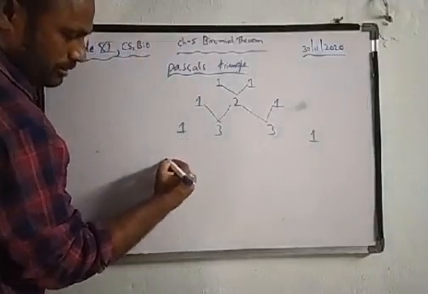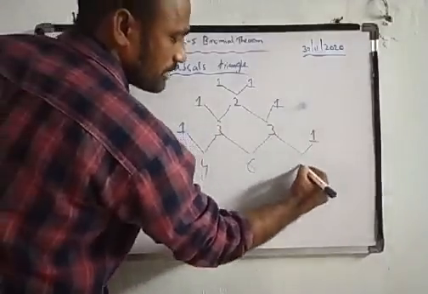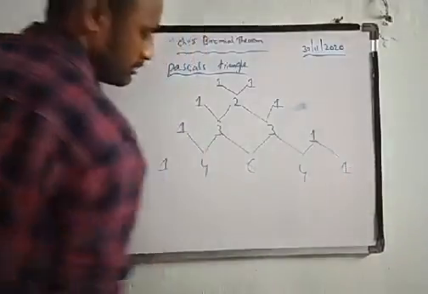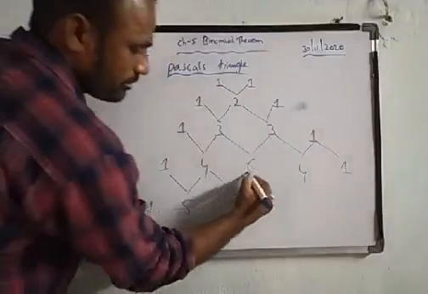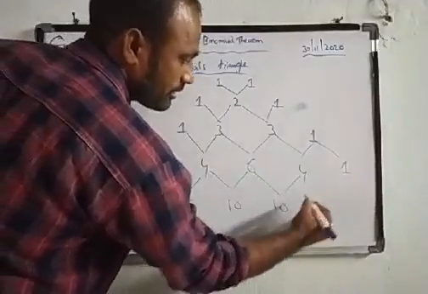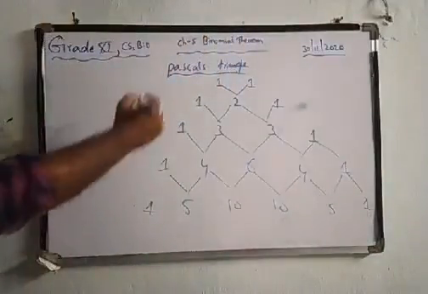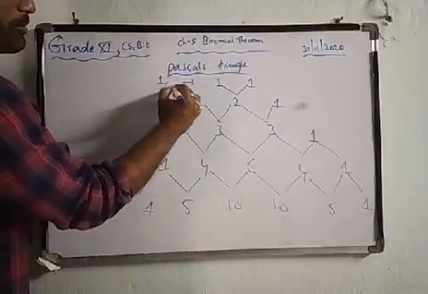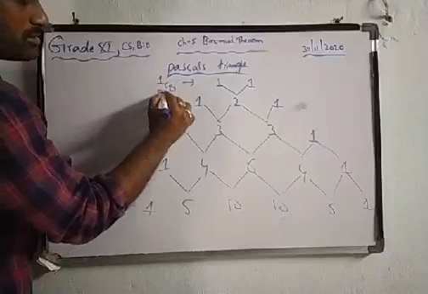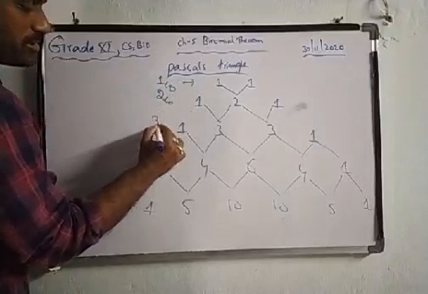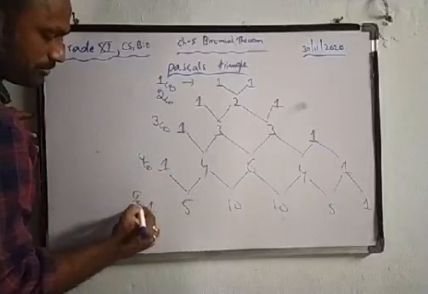Next 1, 1 plus 3 is 4, 3 plus 3 is 6, 3 plus 1 is 4, here 1. Next expansion we can write 5, 10, 10, 5 and 1. So this is the expansion for 1C0, this is 2C0, this is 3C0, this is 4C0, 5C0.